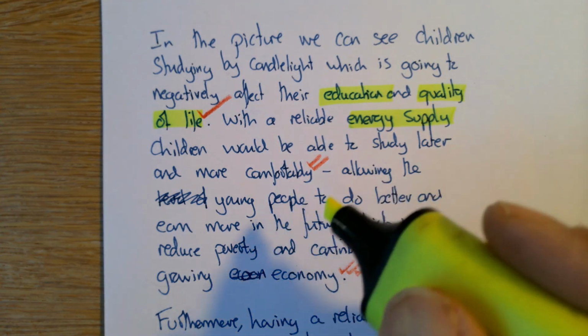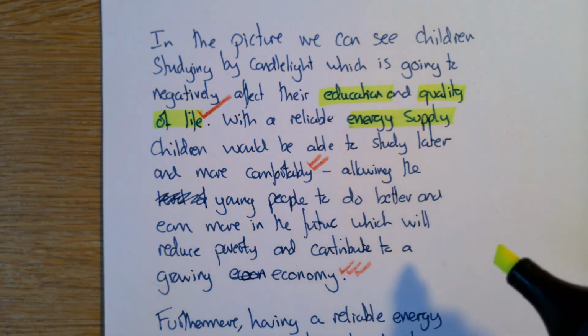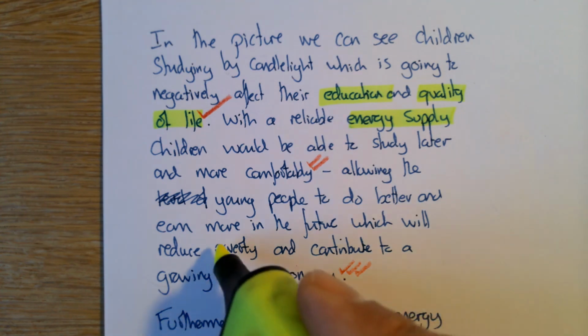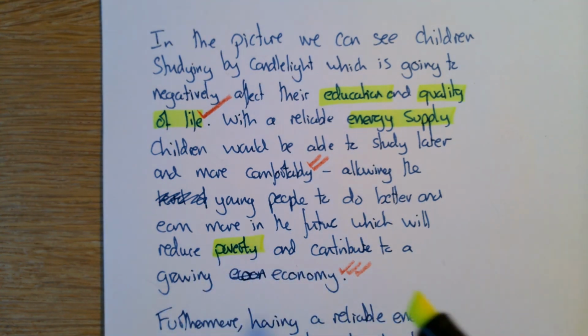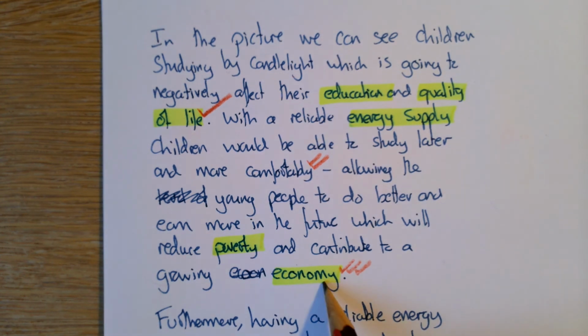Anything else in there? Allowing young people to do better and earn more in the future, which will reduce poverty and contribute to a growing economy. So these are words that we would want to make sure we're using rather than saying something like more money. All right, talk about a growing economy because that is more technical language.